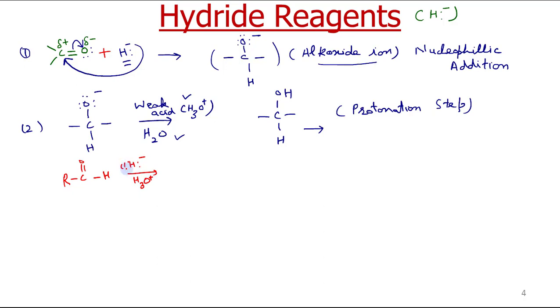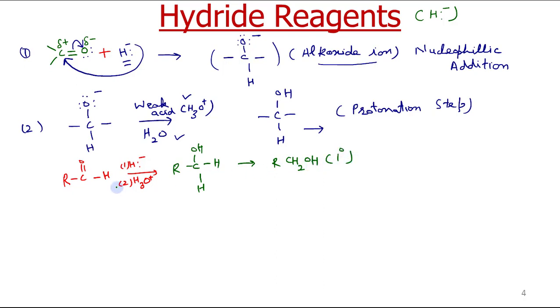First step is H negative, second is H3O positive. The product will be R C O H H H, or we can write it as RCH2OH.